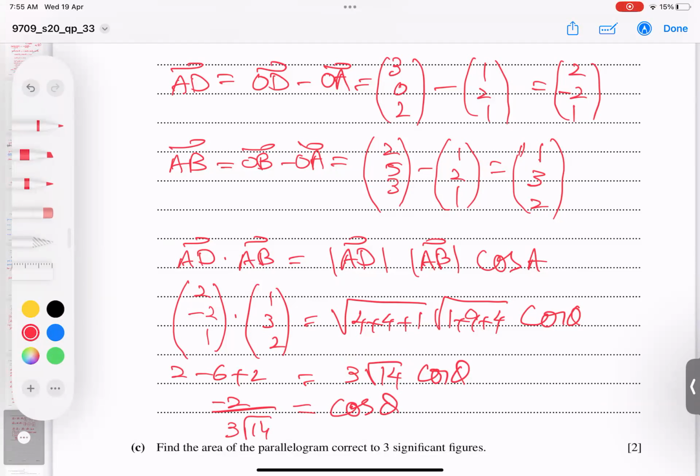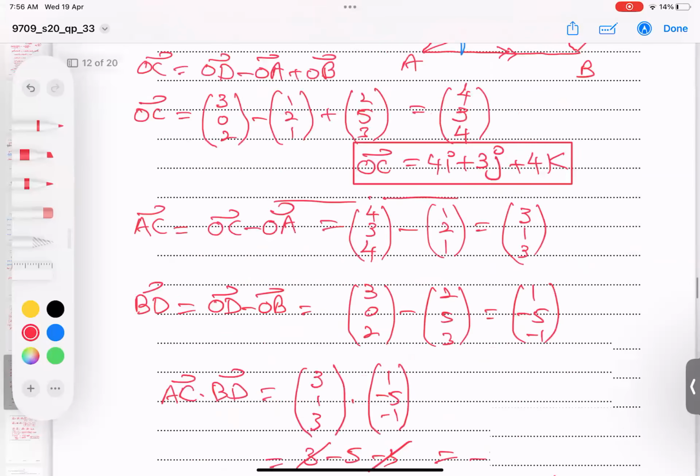And negative means the angle is obtuse, correct? So let's find cos inverse of negative 2 divided by 3 root 14. So the answer is coming 100.3 degrees.